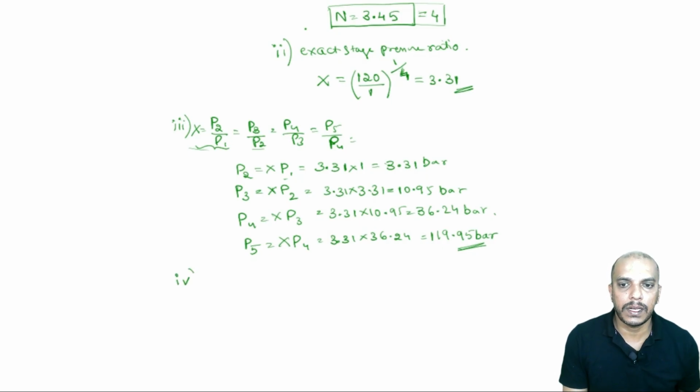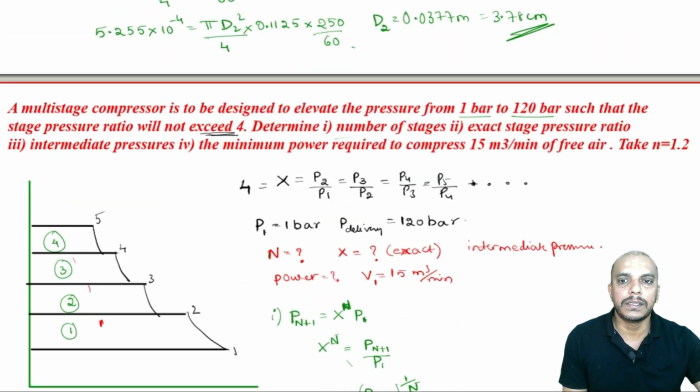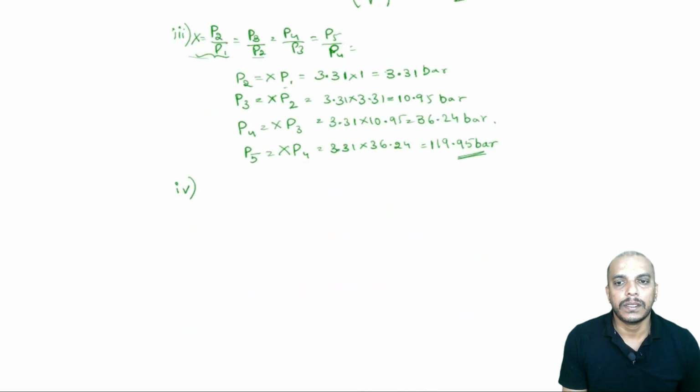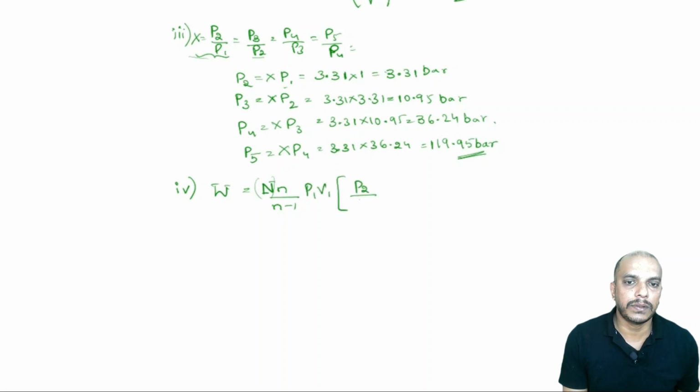Now, let us go for the last part. The last part is the minimum power required to compress 15 meter cube per minute of free air. Volume is given, and since we are talking about rate, we are talking about power. Power for multi-stages is given by N times n by n minus 1, where capital N is the number of stages, times P1 V1 into the pressure ratio P2 by P1 raised to n minus 1 by n, minus 1.